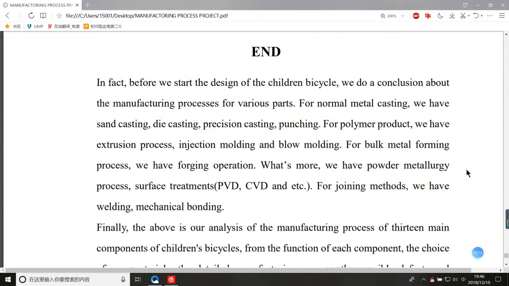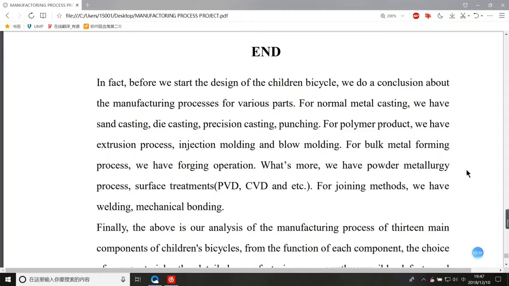Okay, in the end, before we start the design of the children's bicycle, we make a conclusion about the manufacturing process for various parts. And here is our discussion. For normal metal casting, we have sand casting, die casting, process casting, punching.